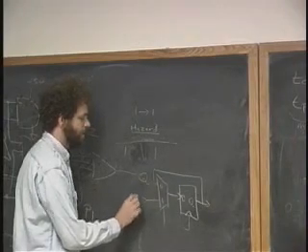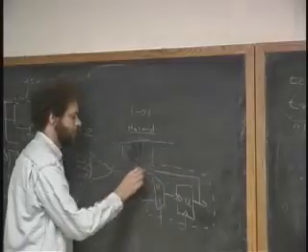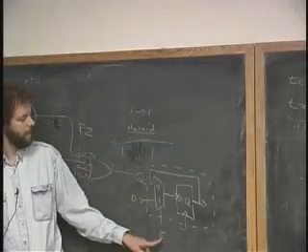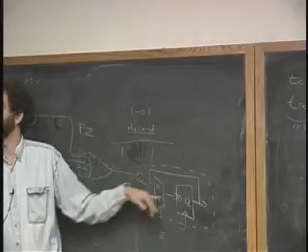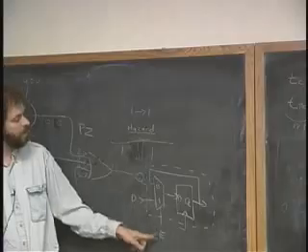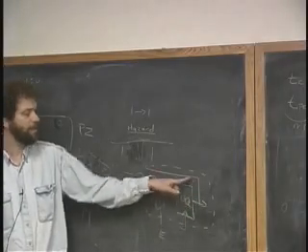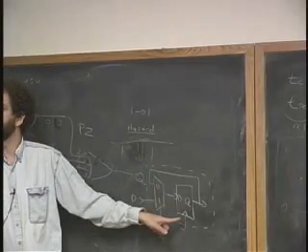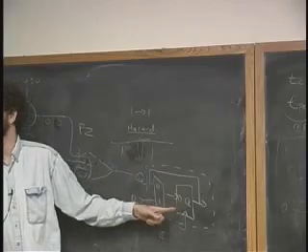I call this one D. I call this one E. If the enable is high, then the data gets shuttled to D, so that when the clock goes off, the new data goes in. If the enable is low, then the data is not looked at. Instead, the old output is shuttled back around. And then when the clock goes off, it sure does clock in something new, but what does it clock in? What it used to have, which is no change at all.